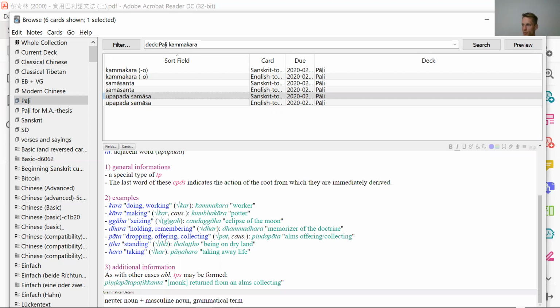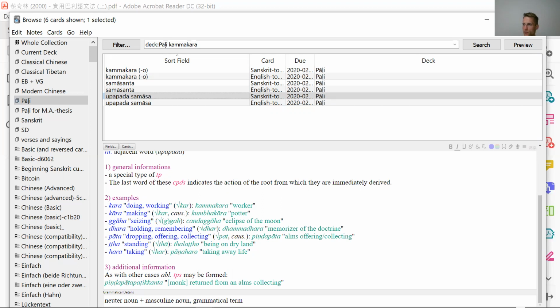Pata, dropping, offering, collecting, from the causative of patati, pindapata, alms offering or collecting. Tha, standing, from tittati, thala, being on dry land, and hara, taking, from harati, pana haro, taking away life.